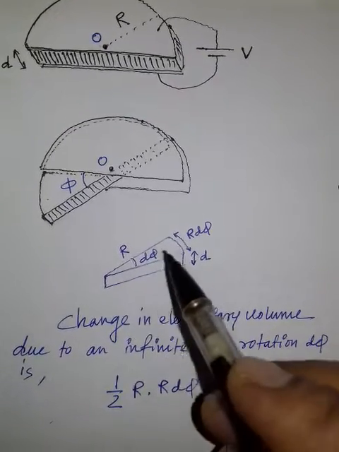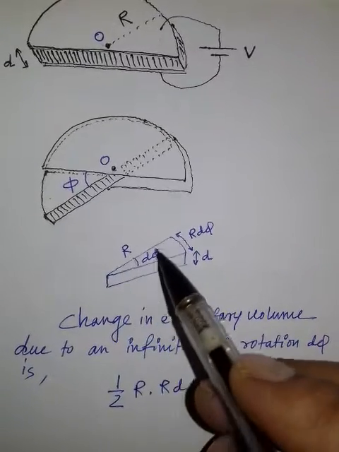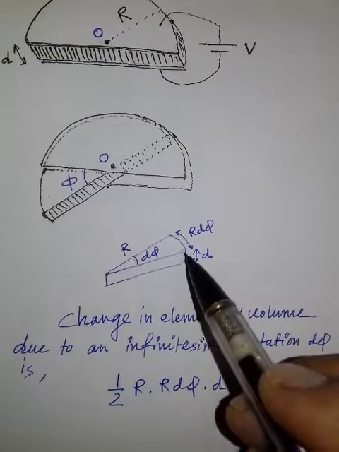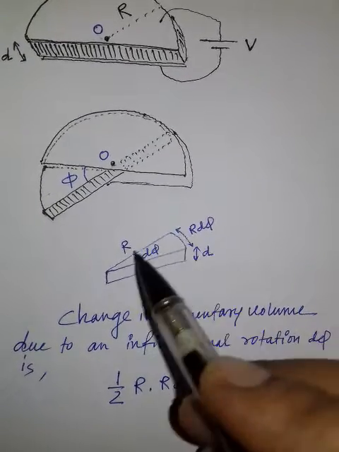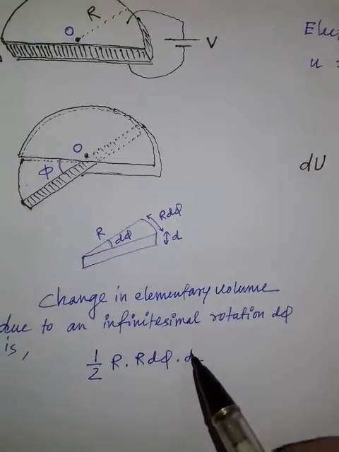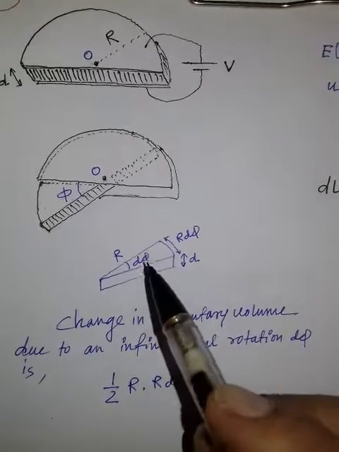So the volume of this elementary portion would be the area of this upper face multiplied by this thickness small d. Area of this upper face would be half r into r d phi, and the thickness is d. So this would be the change in volume due to elementary rotation d phi.